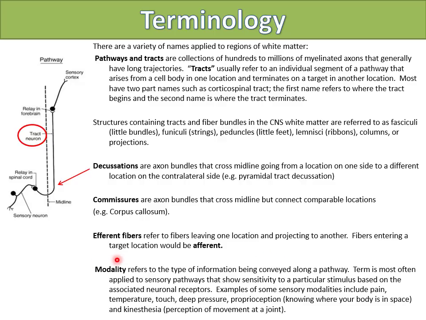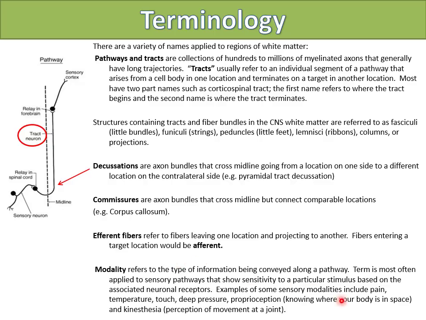Modality refers to the type of information, the quality of information that's carried within the pathway. It's a defining feature of the function of those particular neurons. It's most commonly used in the sensory pathways to show the sensitivity of a group of neurons to a particular stimulus associated with specialized receptors in the periphery usually.